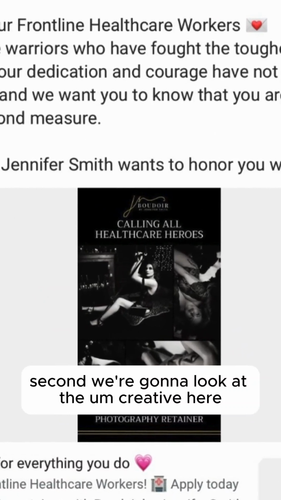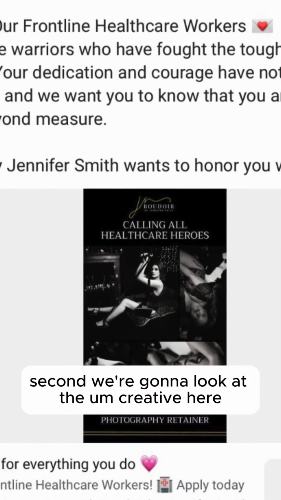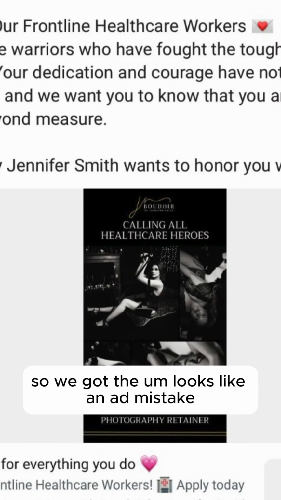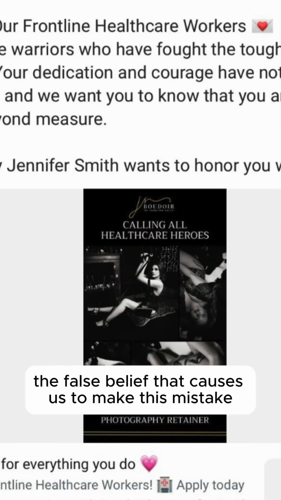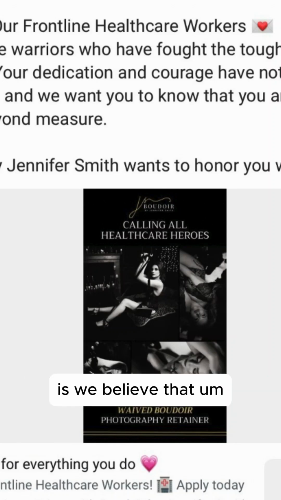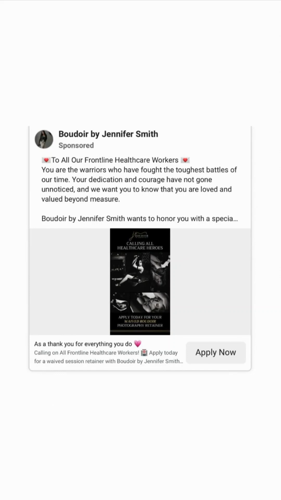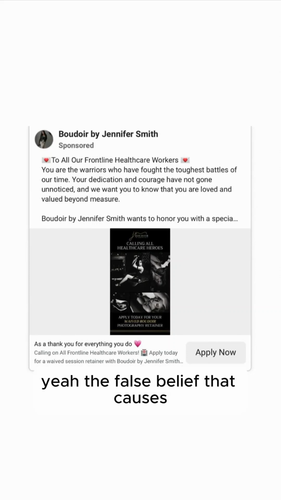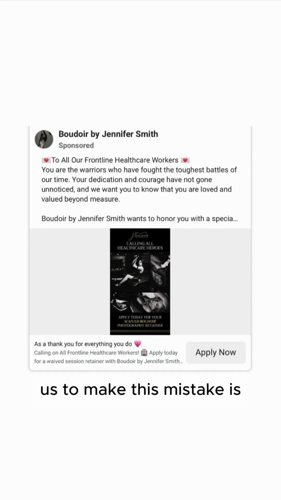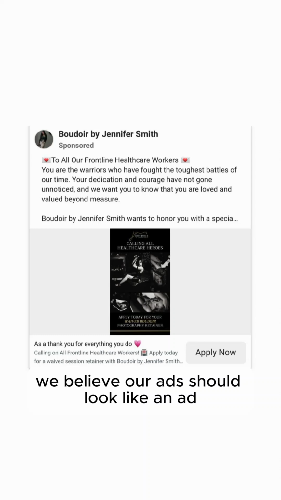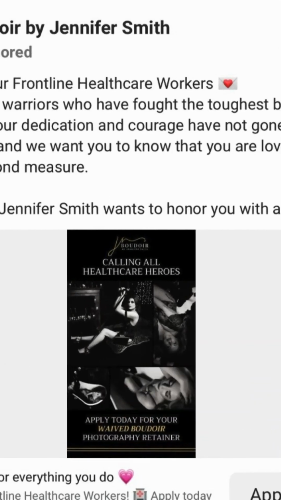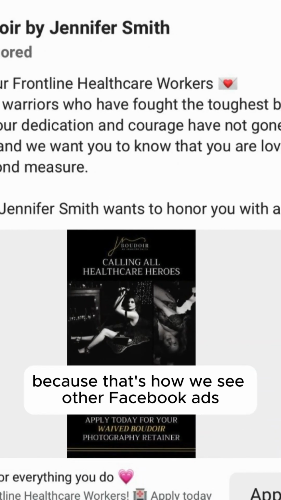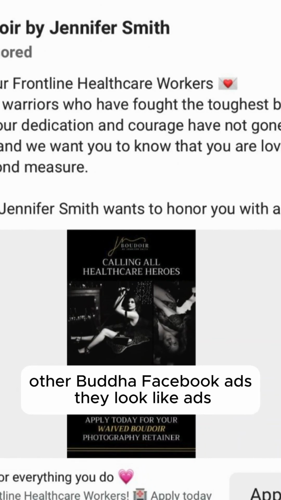Second, we're going to look at the creative here. So we got the looks like an ad mistake. The false belief that causes us to make this mistake is we believe our ad should look like an ad, because that's how we see other Facebook ads. They look like ads. Other Boudoir Facebook ads, they look like ads.